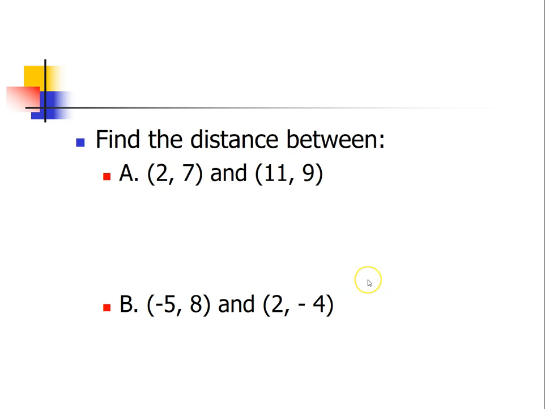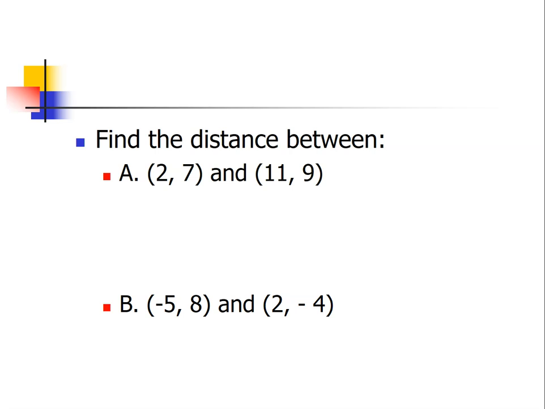Okay, next, find the distance between (2, 7) and (11, 9). And also letter B, (-5, 8) and point B, okay, here is (2, -4). So try to pause the video and try by yourself how you will solve for the distance between the two of them.